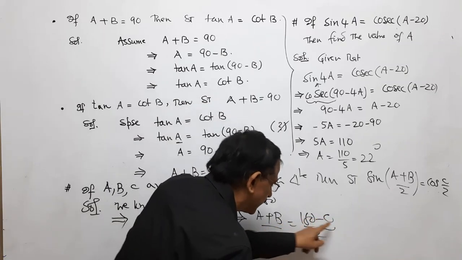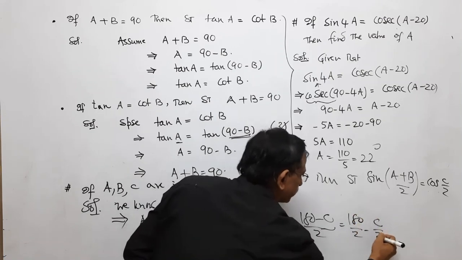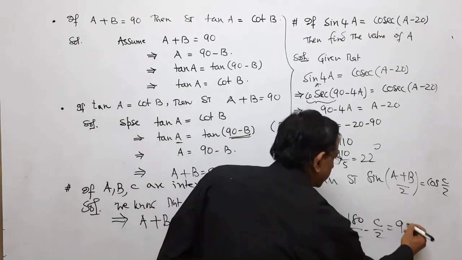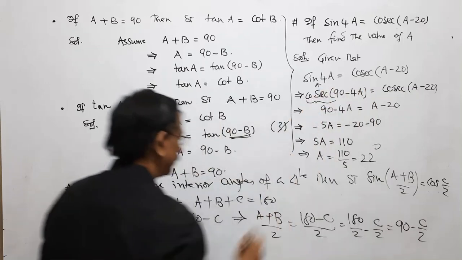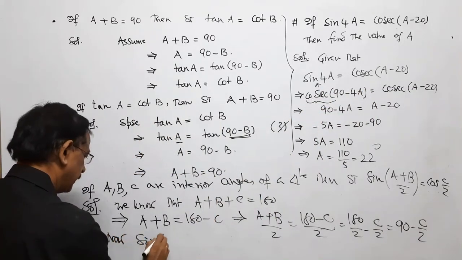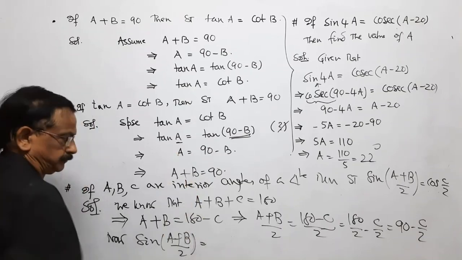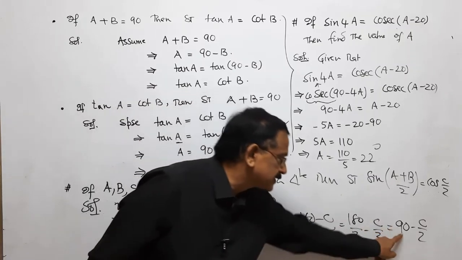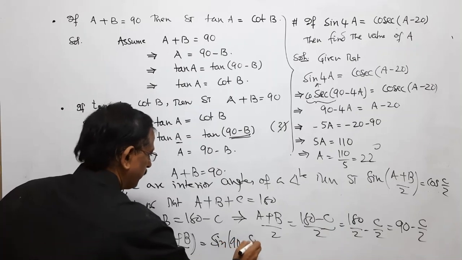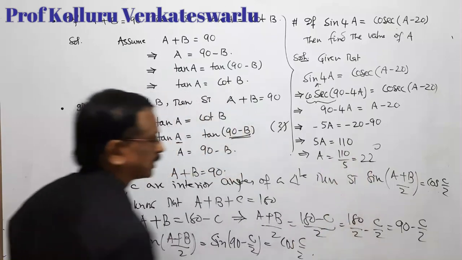Look carefully, (180 minus C) by 2 is 180 by 2 minus C by 2. That means 90 minus C by 2. Now sine of (A plus B) by 2 is sine of 90 minus C by 2. But sine of 90 minus something is cos. So cos C by 2. That's what we have to prove.